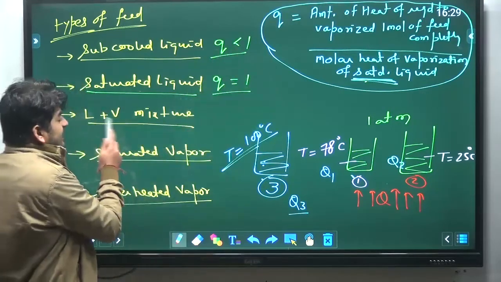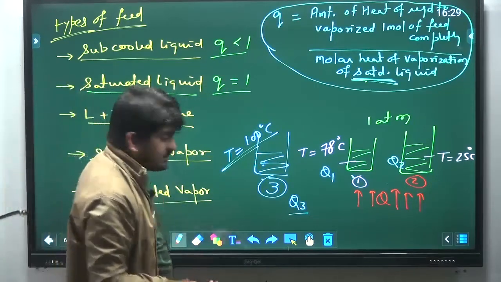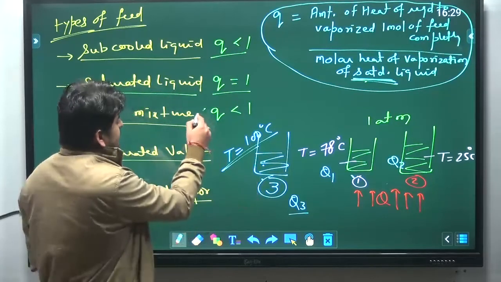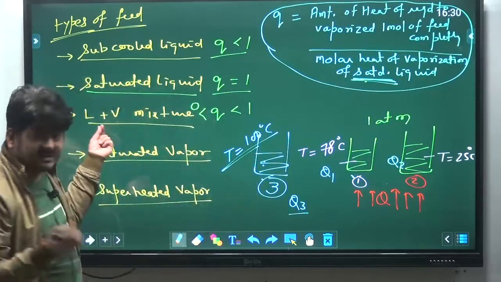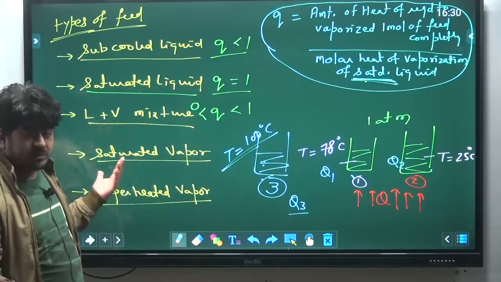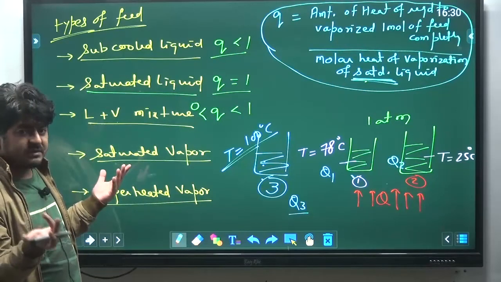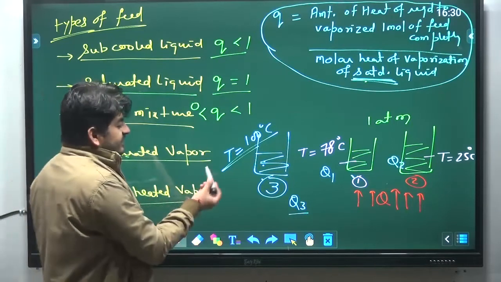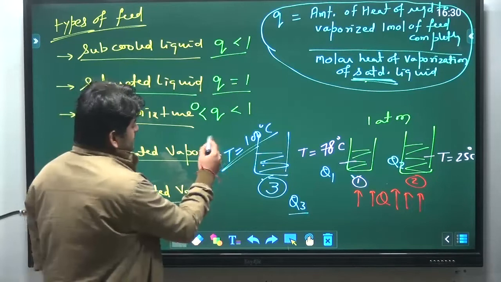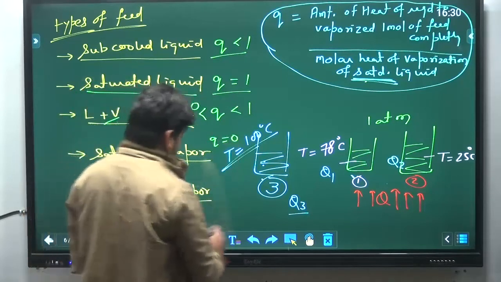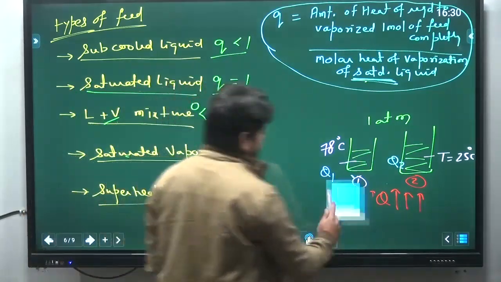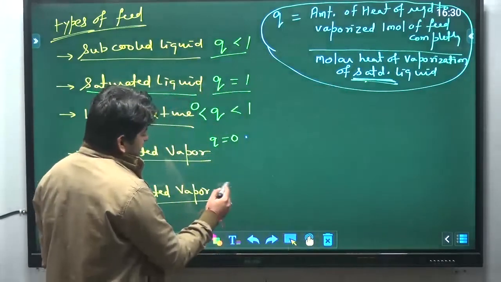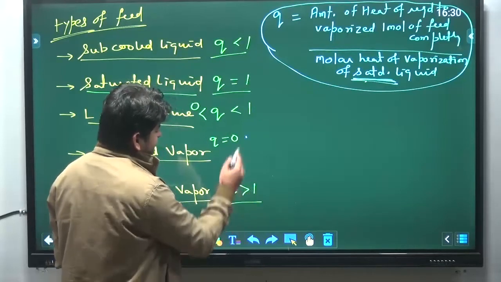If we have a mixture of liquid and vapor, then Q will be less than 1 but greater than 0, because some liquid is there and some vapor. For saturated vapor, when feed is already a vapor, Q will be 0. And if superheated vapors are there, Q will be greater than 1.